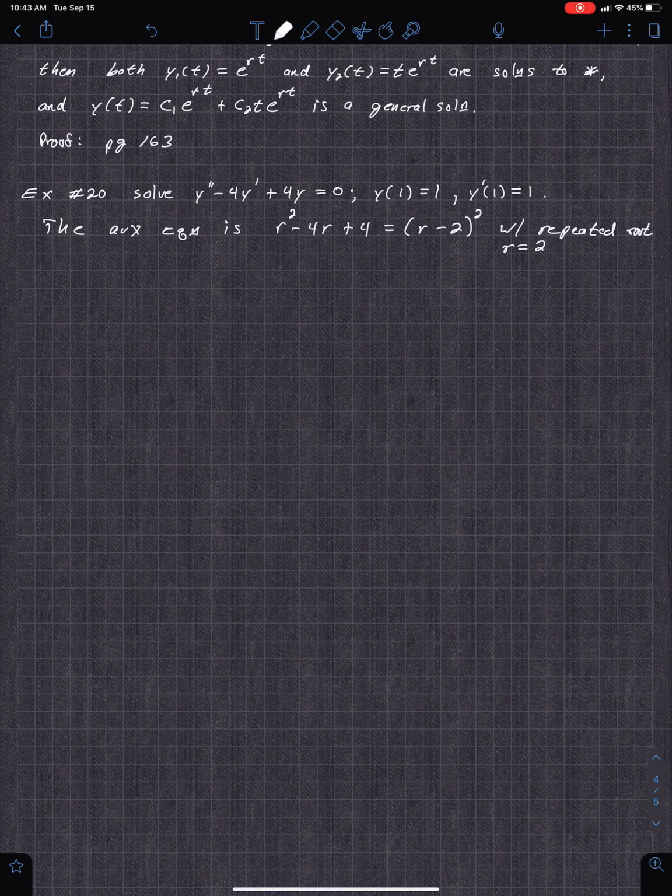We also call a repeated root a root with multiplicity greater than 1. In our case, because it's only a quadratic, there would be just 2 of them, so it's multiplicity 2. Usually when I teach, I use p for multiplicity. p is equal to 2.